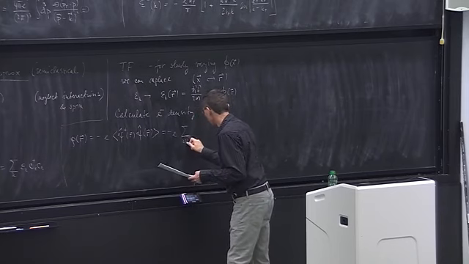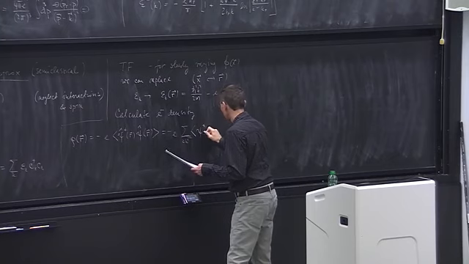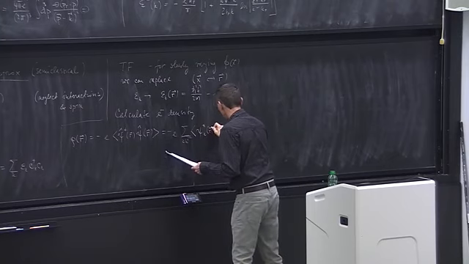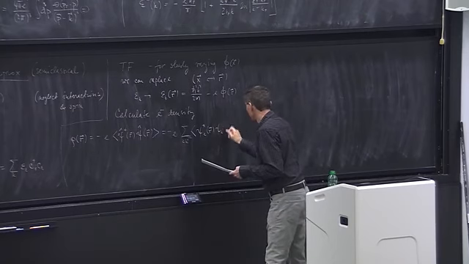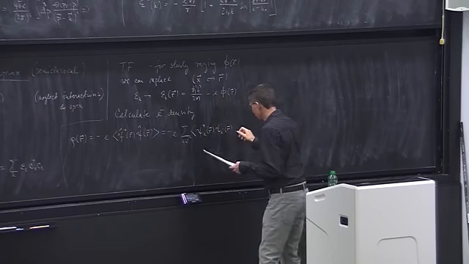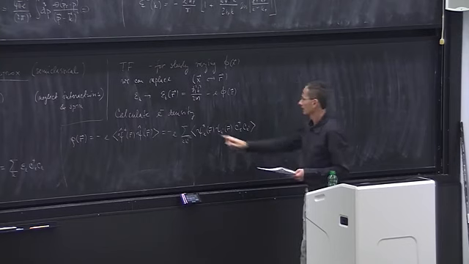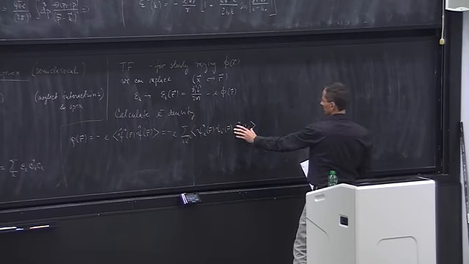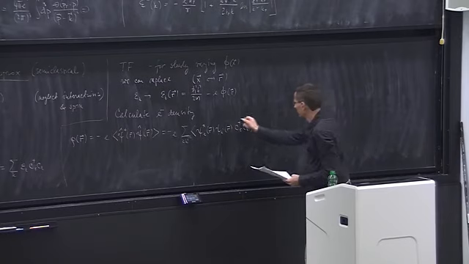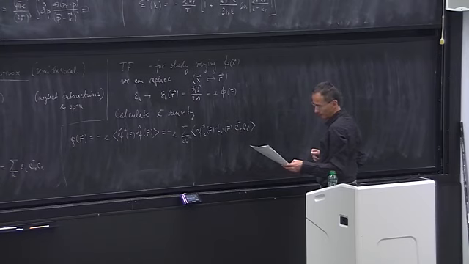It's a sum over k prime, expectation value of psi star k of r, psi k prime of r, c dagger k, c k prime. These are the single electron wave functions, so the expectation value is basically just acting on the electron creation and annihilation operators.